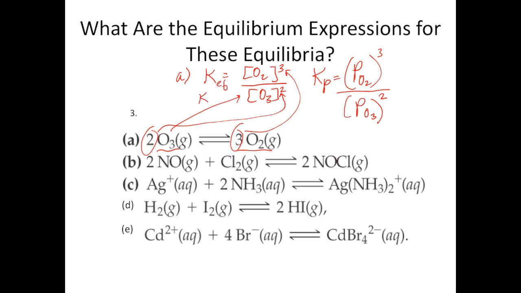This one could be Kc or Kp, either one. When you are dealing with pressures, like if you have an all-gas reaction, for now just stick with Kc, but that's just for your info on how you would do it if I asked for Kp. All right, so try B through E.